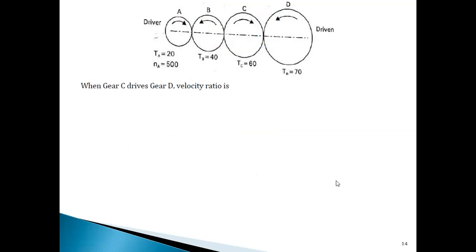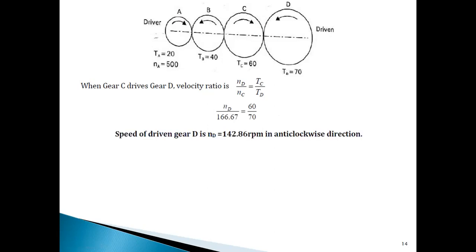Yes, gear C drives gear D. Velocity ratio is ND by NC, and ND by NC is equal to TC by TD. That is, speed of the driven gear to the speed of the driver is equal to the number of teeth on the driver gear to the driven gear. TC by TD. So what do we get? We get it as 142.86 RPM. So once we get this, we have found the speed of the driven gear also.